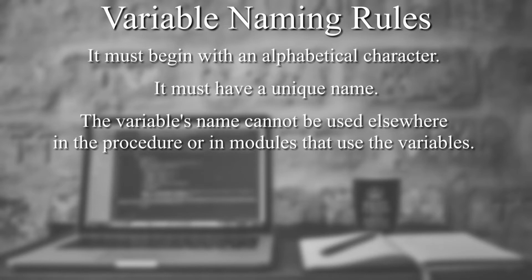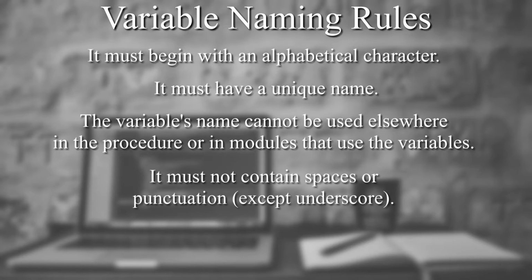The fourth rule is that you can't use spaces or punctuation within your variable name. You can use an underscore, but that's about the only character. Underscores you can use, but you can't use regular punctuation characters like commas or periods or pound signs or things like that within your variable names.